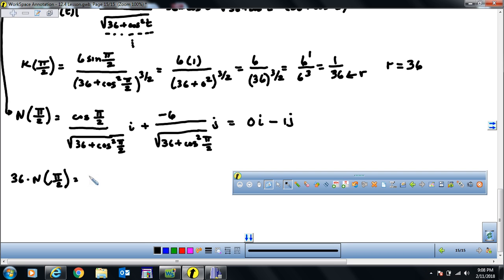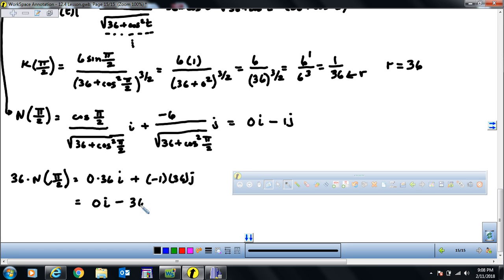It's going to be 0 times 36i plus negative 1 times 36j, and that is going to give us 0i minus 36j.